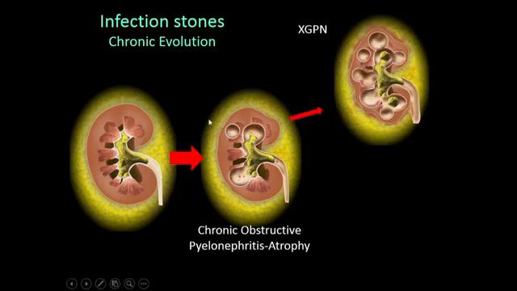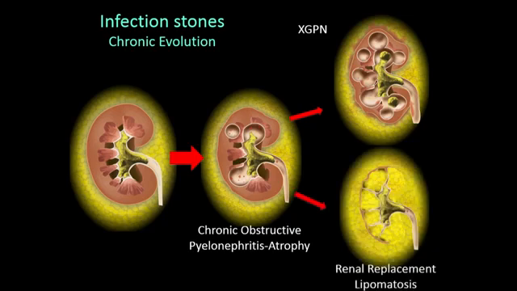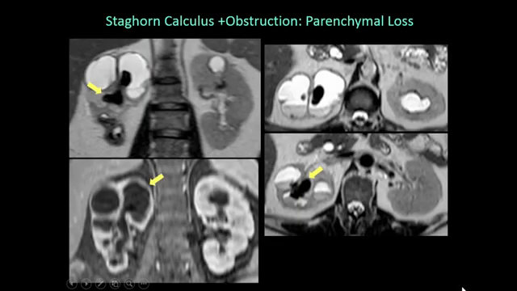And we know xanthogranulomatous pyelonephritis, that's the evolution of these infection stones with superimposed infection with Proteus or E. coli, and the very long-term end of the infected stones is where you have complete replacement of the perirenal space and the sinuses with fat from the chronic evolution. All right, so this is what we see long-term.